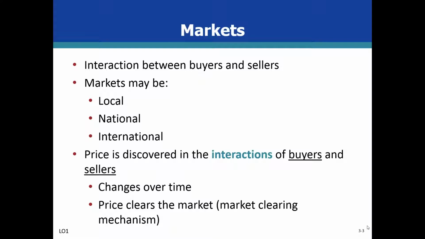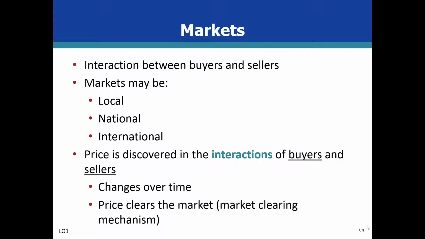"The market sets the price" is a popular phrase used to explain competitive forces in the market. Price is discovered in the interactions of both the buyers and the sellers. We also know that price can change over time, depending upon the reactions of each group.